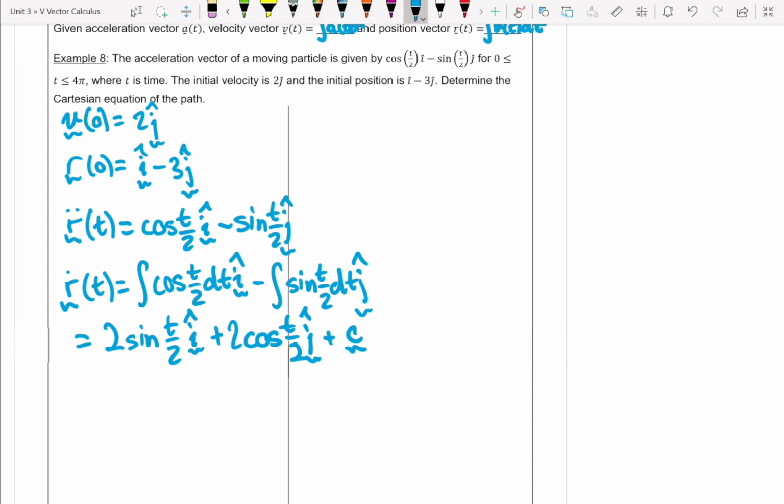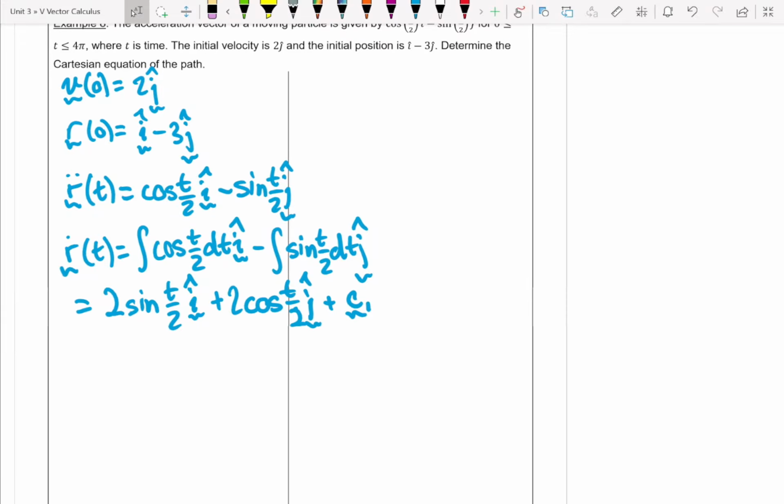To find the value of our constant vector, let's call it c1, because we're going to have a second one later, we want to substitute in the information we have up here. We know that r dot of 0 is equal to 2j. Sine of 0 is going to give us 0 in the i component, and cos of 0 is going to give us 1 in the j component.